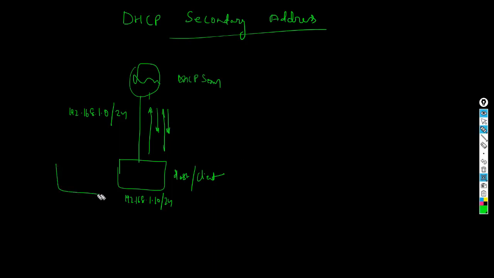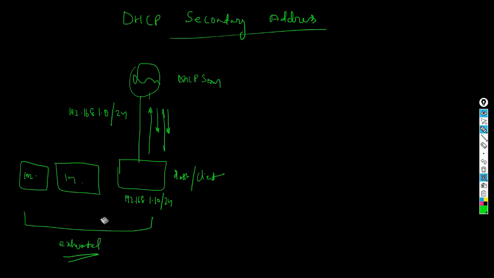This way I can have multiple hosts on the same network, all on the 192 network. Now for some reason this network is completely exhausted. I do not have any free IPs to give to some other host.